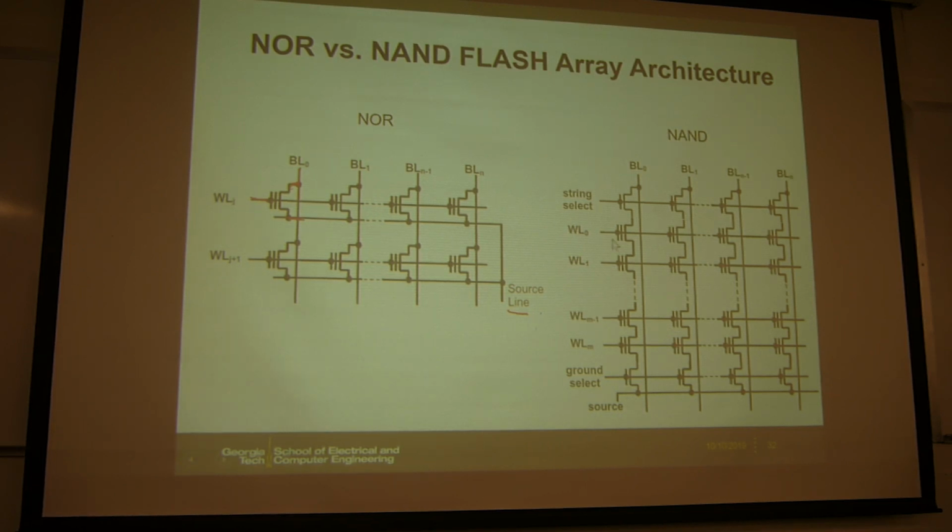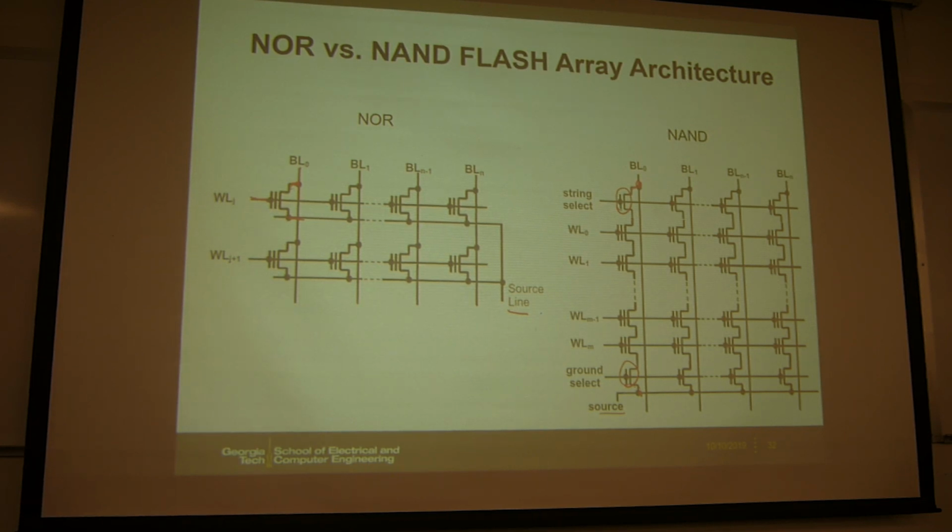But here there are multiple word lines controlling this string of transistors. The top one and the bottom one, those two transistors are normal transistors, not floating gate, and these are called the string select. There are two of them. The top one will connect to the bit line, and the bottom one will control the connection to the source line. Okay, so that's a NAND structure.